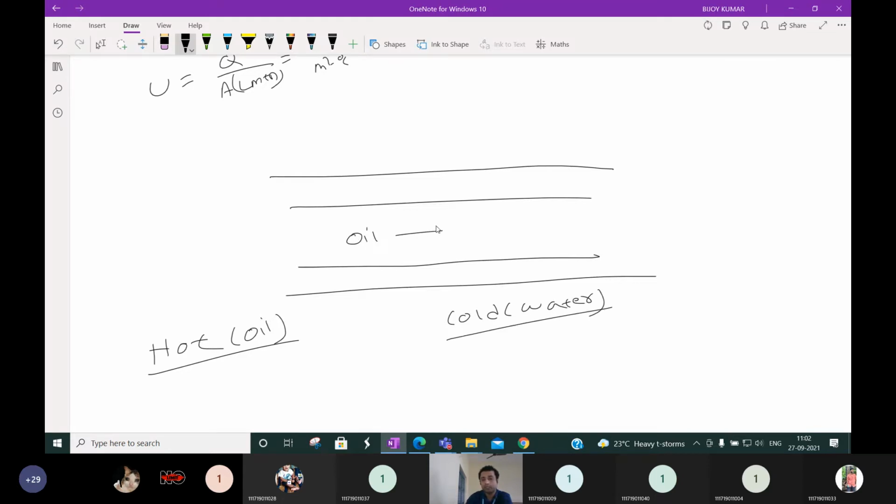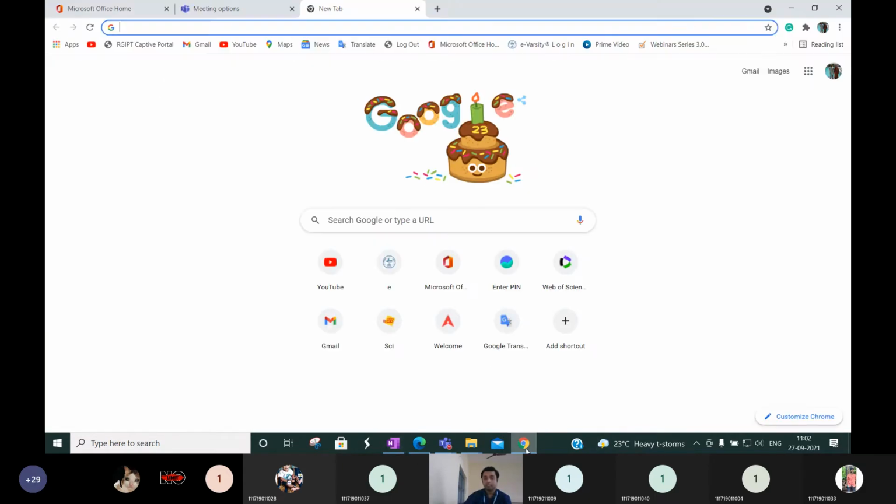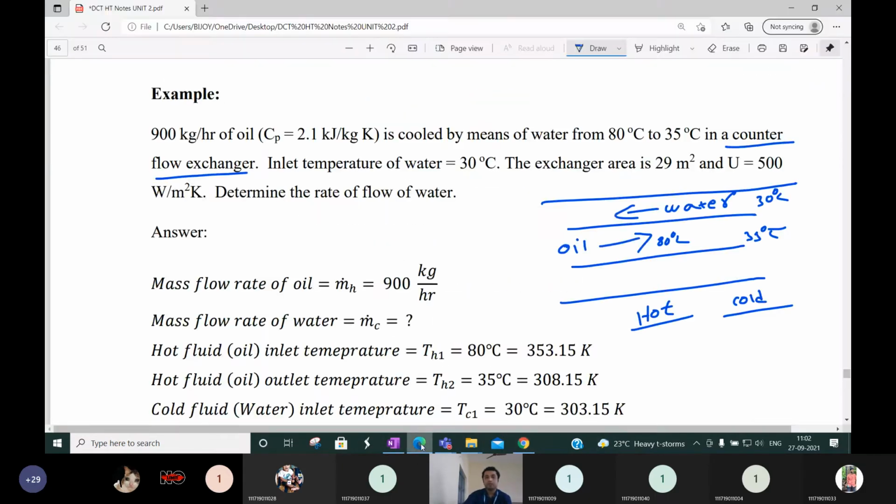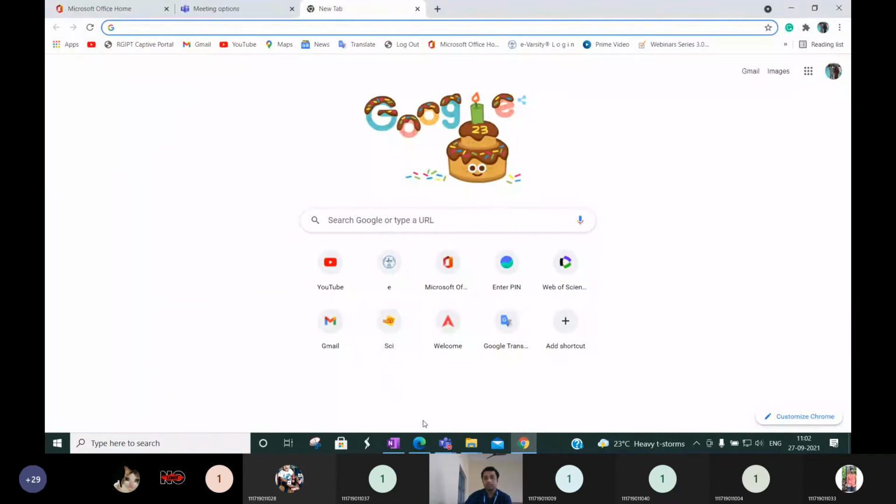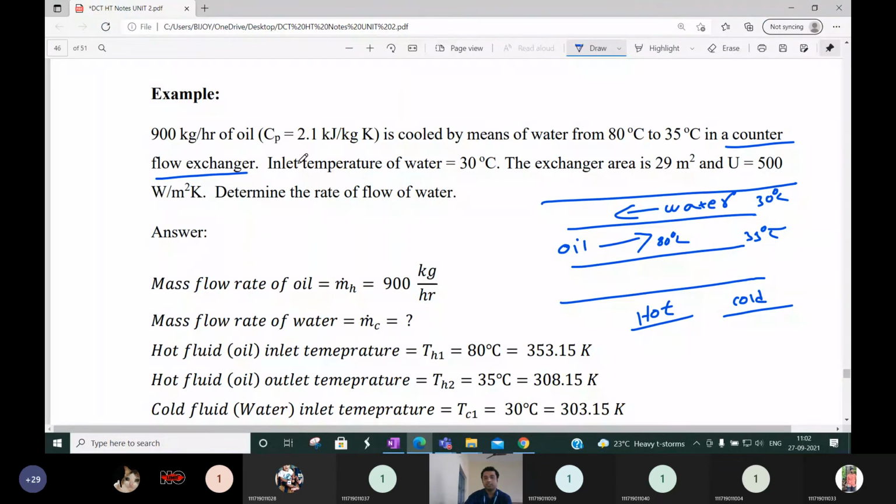Suppose oil is flowing in this direction and water is flowing in this direction, because it is a counter flow heat exchanger. Then one by one we will see the data. This much, 900 kg per hour, is the oil, and oil Cp is given as 2.1 kilojoule per kg Kelvin.